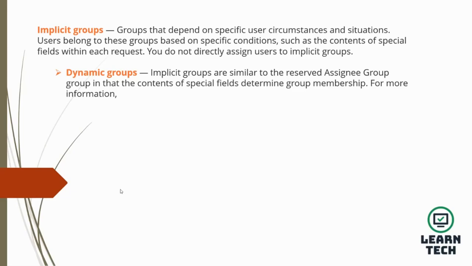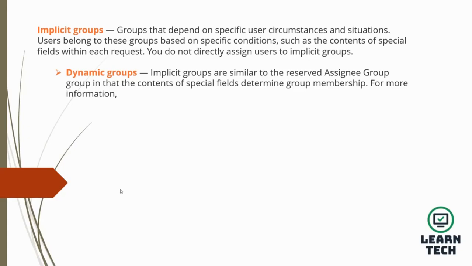For example, if 10 records are created, 5 will be accessible to one user and 5 to another user, so they will not be able to see each other's data. But we will take dynamic groups separately because this is a big topic and you need a different set of understanding for it. So for today we will see the groups.